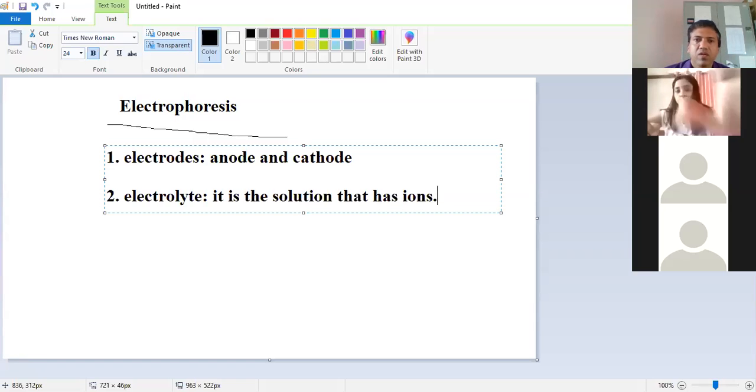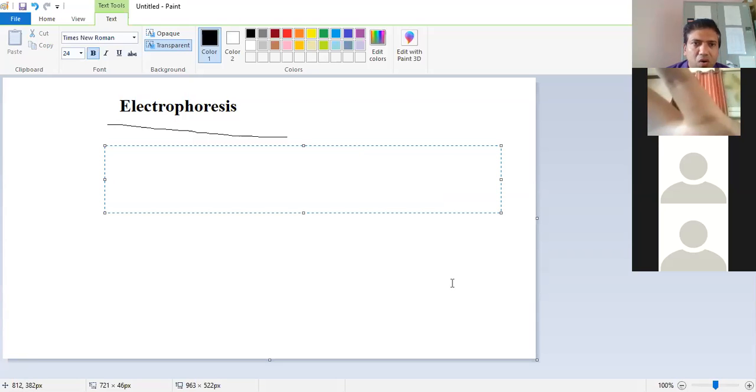Fine. Now in electrophoresis, what happens? Remember that the molecules which move in electrophoresis are ions. Ions are of two types: cations and anions. Cations have positive charge, anions have negative charge.